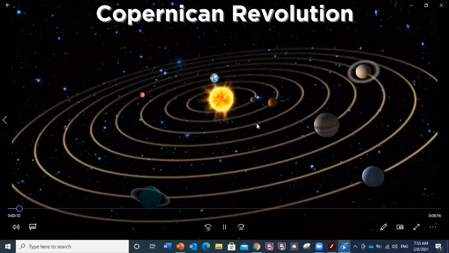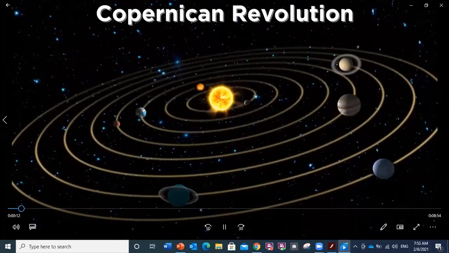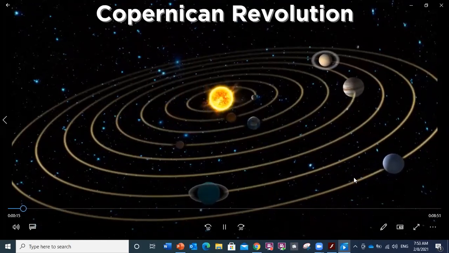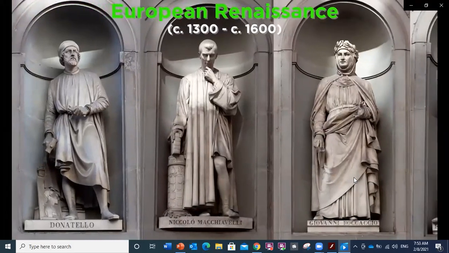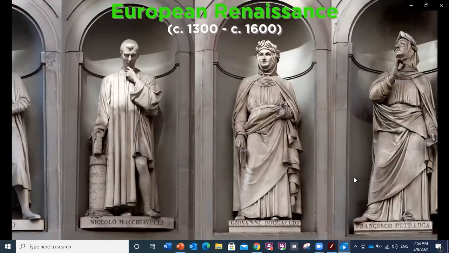The Copernican revolution, which placed the sun at the center of the solar system rather than the Earth, was a major event during the European Renaissance, a time when scientific thought truly began to flourish.